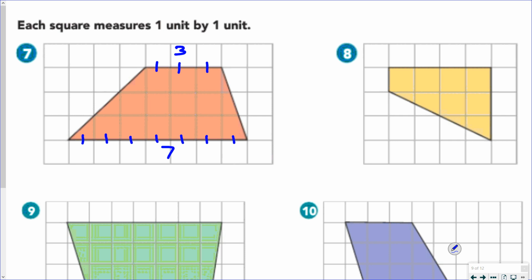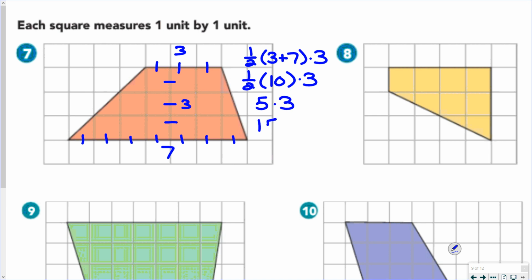And then our heights, remember, we just want to go straight up and down. So we've got 1, 2, 3. So we would do 1/2 base plus base times height. So half of 10 times 3. Half of 10 is 5. 5 times 3 is 15 square units.